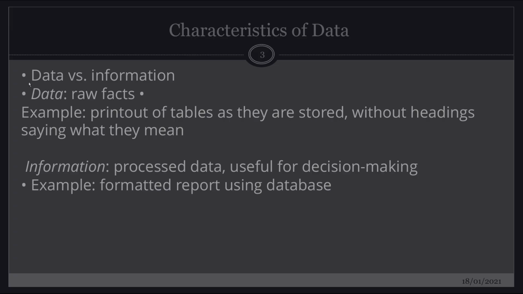Next, we distinguish between data and information. Data is just raw facts, usually numbers, sometimes strings, and so on. And it's just stored like that in the database, okay? When you look at it, you can see some things about a specific record. You can understand maybe a few records, 100 records at most, if you really spend time on it, but you're not really going to be able to observe any serious trends by yourself unless you spend too much time on it, okay?